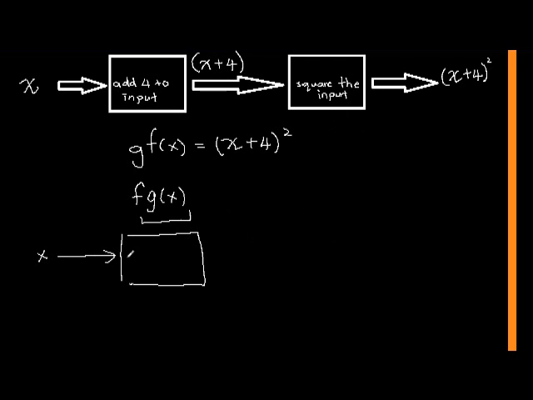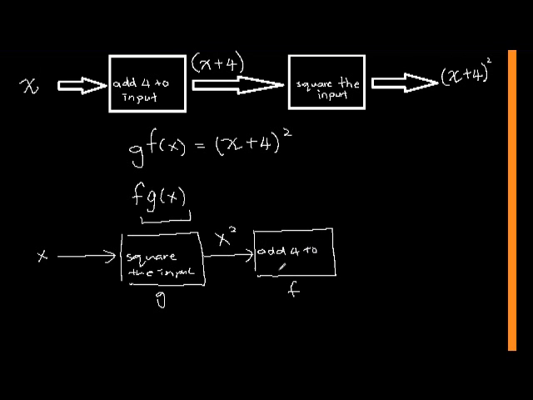Function g is square the input, so the output here will be the square of x, and the square of x will become the input for function f, which can be described as add 4 to the input.